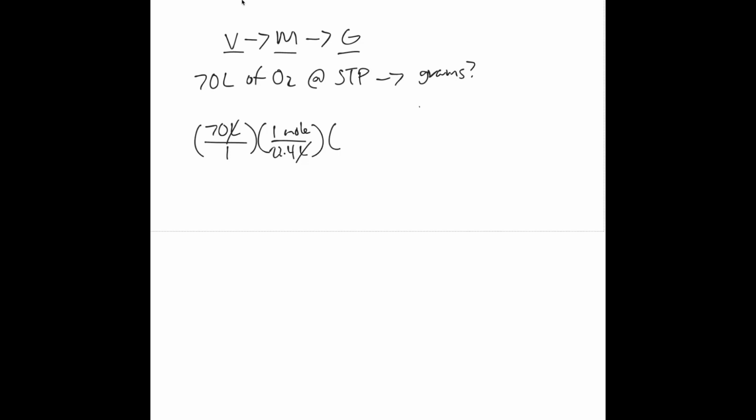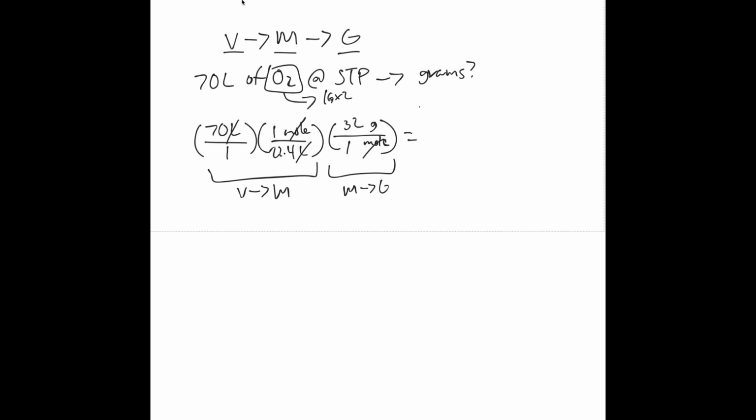And then in the other parentheses, because here we went from volume to moles, and now from here we want to go from moles to grams. And so moles on the bottom, we want to cancel the moles, so we're left with the grams. And so we know 1 mole, and then we have O2 here. O2's gram formula mass is just 16 times 2, so that's just going to be 32. Multiply everything across, divide by everything on the bottom, and you're going to get 100 grams as your final answer.